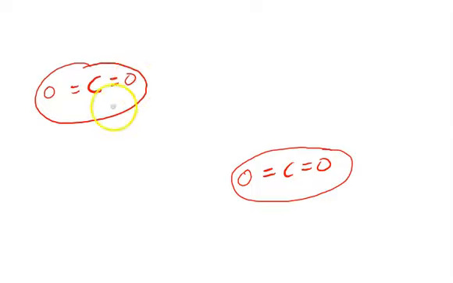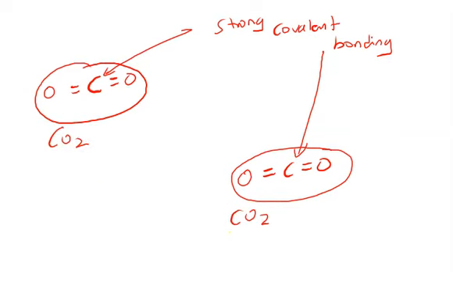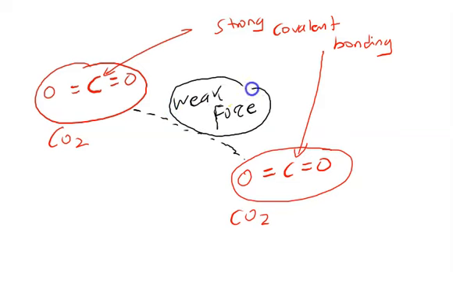So inside this molecule, they have a strong covalent bonding inside of these molecules. This is a CO2 and this is a CO2. In between the molecules, they have a very weak force, or we call it a van der Waals force. So these are the forces that make their bonding weak.